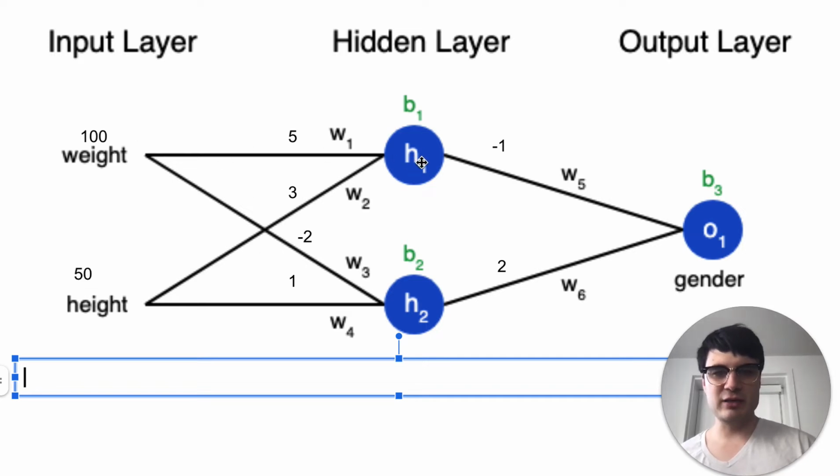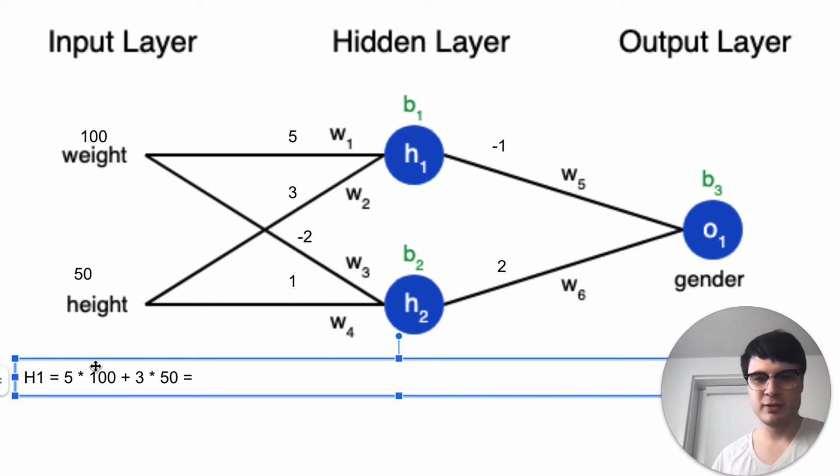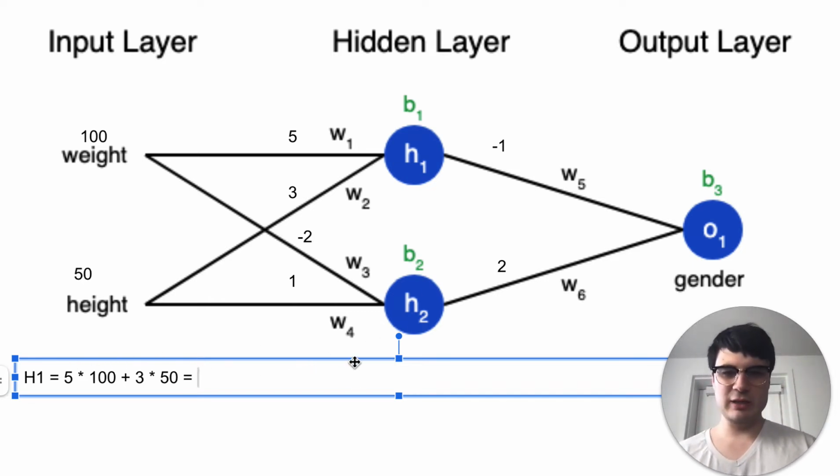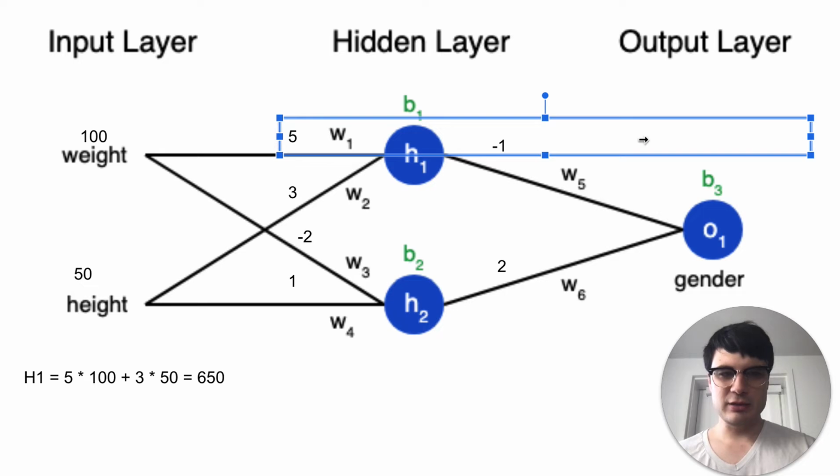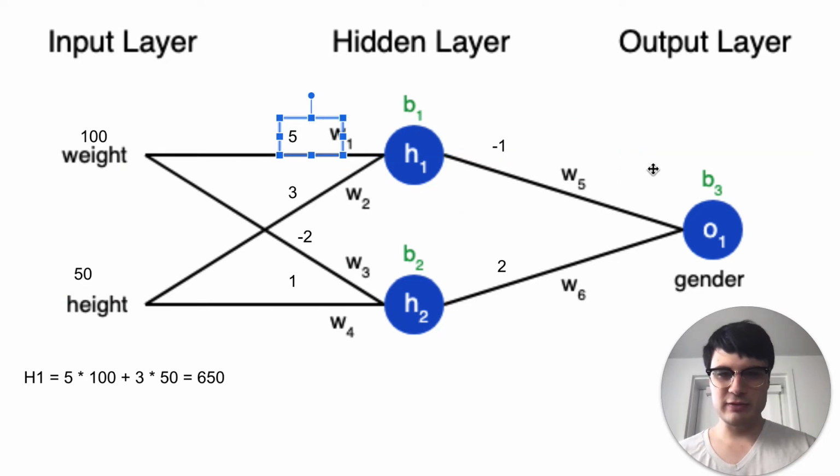So let's walk through an example here. So this first hidden node, H1, let's calculate its value. So it's going to be this weight, or this m, times this x, so 5 times 100. And then we add that to this edge also coming into H1, so that's 3 times 50. And if we add that up, that's 500 plus 150, so 650. So the value of H1 is going to be 650.